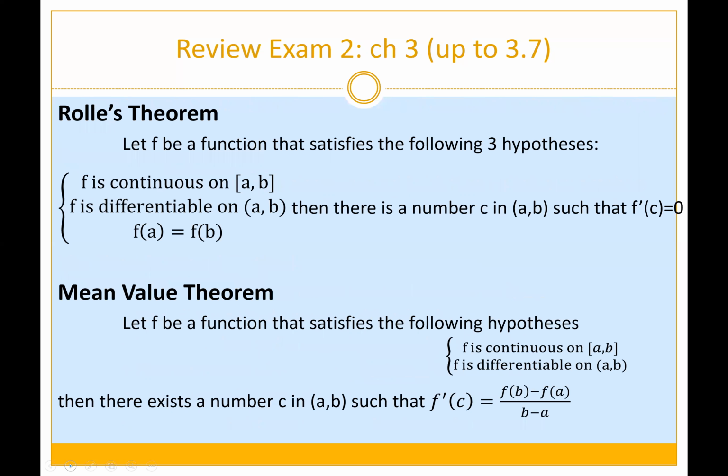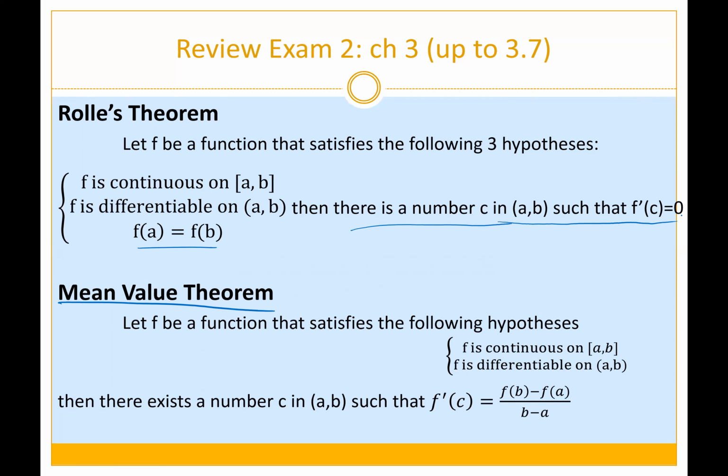Then we have Rolle's theorem and the mean value theorem. For the purpose of remembering, I would highly recommend remembering the mean value theorem and noting that Rolle's theorem is a special case of it. Both say that if you have a function that is continuous on a closed interval and differentiable on that interval, then Rolle's theorem says if you have an additional condition of f(a) equal to f(b), there will exist at least a number c in this interval such that f prime of c is equal to 0.